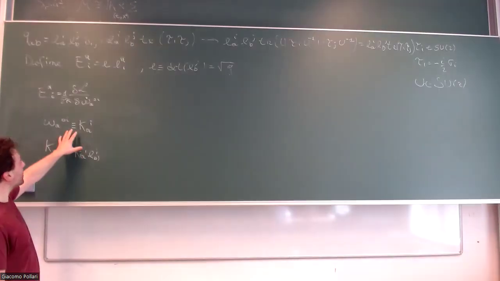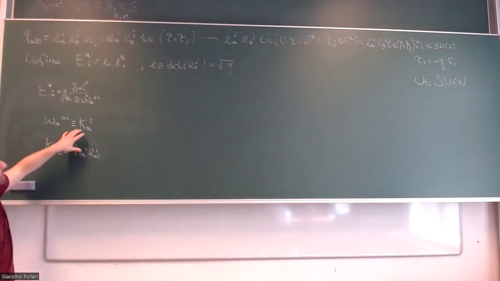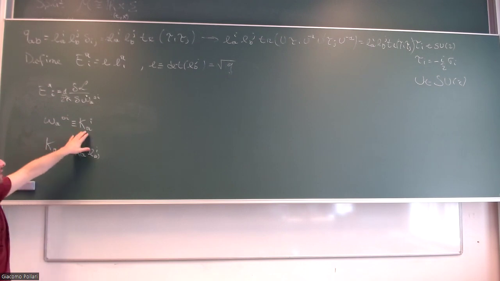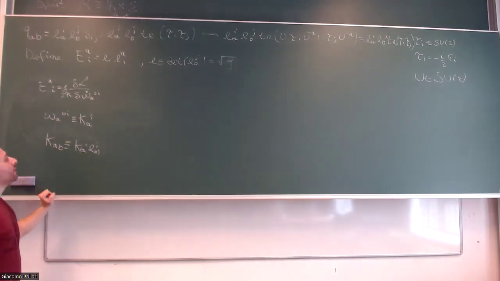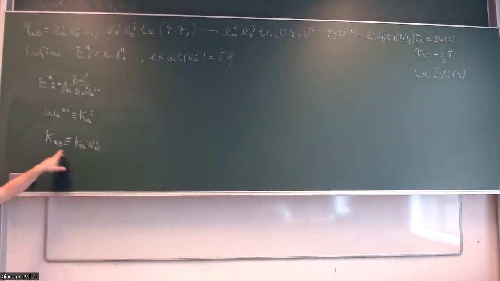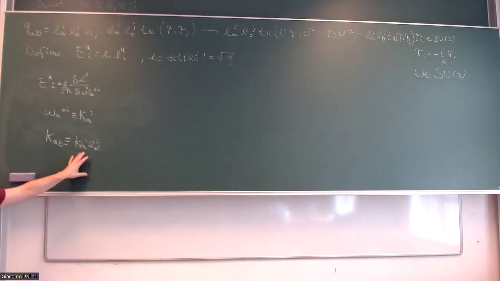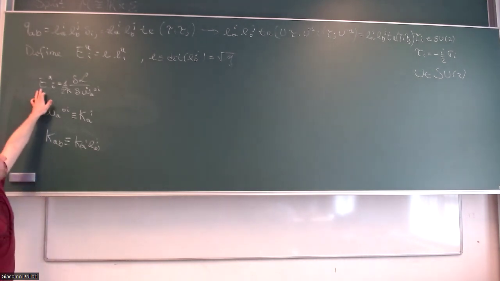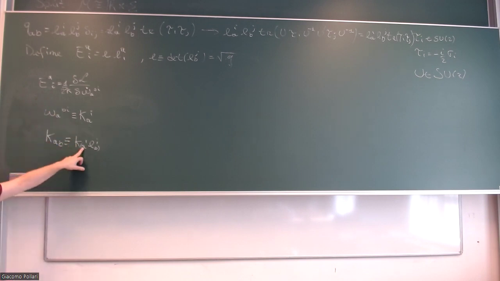What you see from here is that from the action, E is the momentum with respect to this omega that we just called K. If you write this K in this way, then from the ADM, it turns out that exactly E is the momentum with respect to this K.